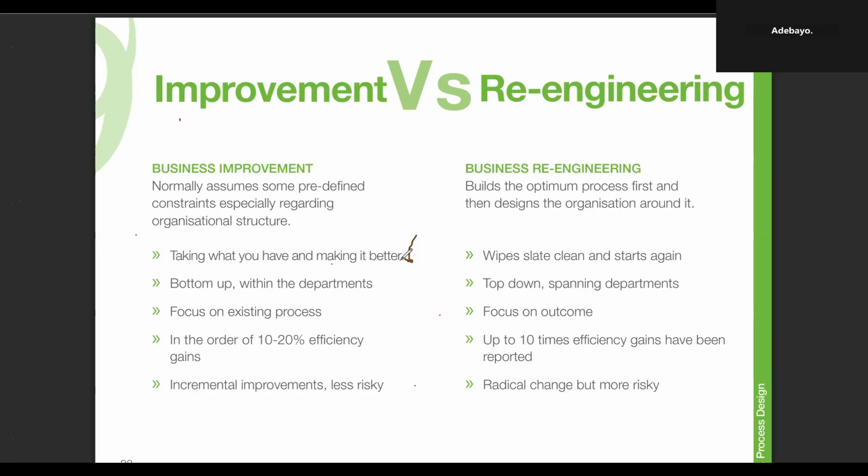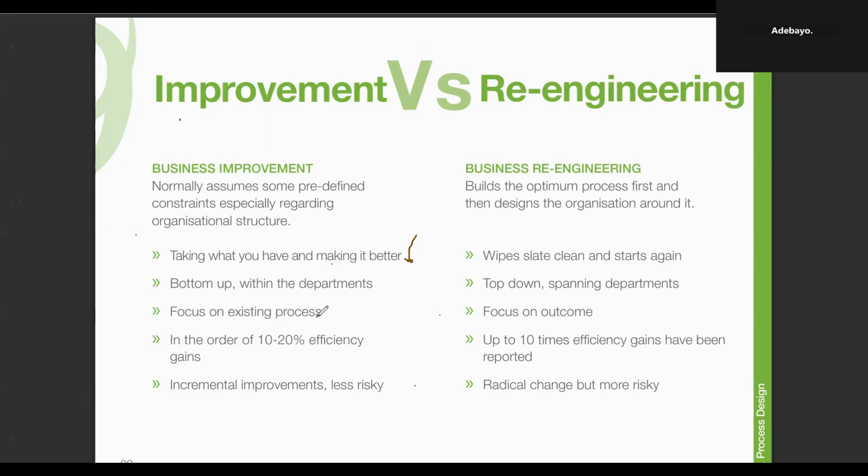We can review that overall swim lane or process that we've drawn, and focus bottom up on all departments included in it, and try to increase the efficiency. That is less risky. That's the easiest way people approach solving their issue.